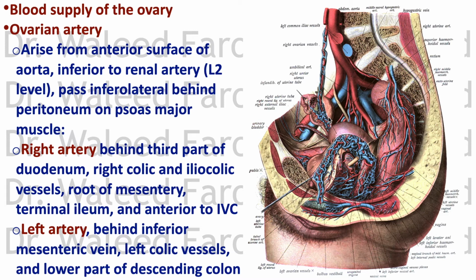On the left side, it descends behind the inferior mesenteric vein and left colic vessels and the lower part of the descending colon till it enters, on both right and left sides, the suspensory ligament of the ovary to deliver the blood supply through the mesovarium, through the hilum of the ovary to the ovary, and supplies the tubes as well.